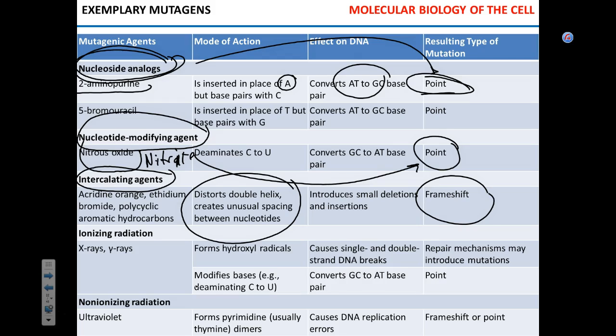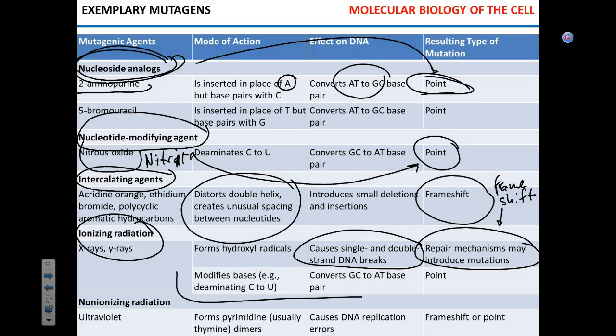No problem. Ionizing radiation. I want you to know that it introduces single and double stranded DNA breaks, leading to usually frameshift. And in some cases, ionizing radiation can lead to point mutations.